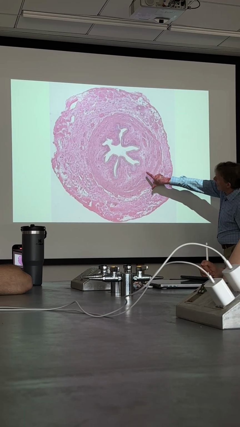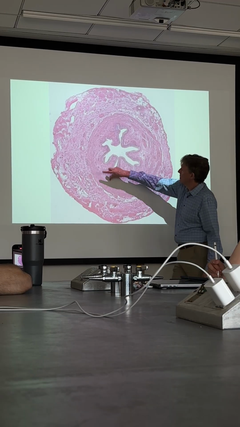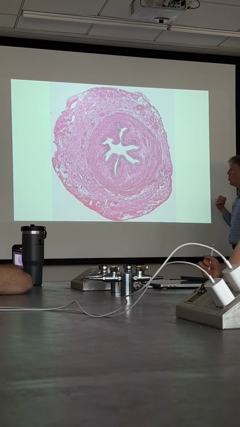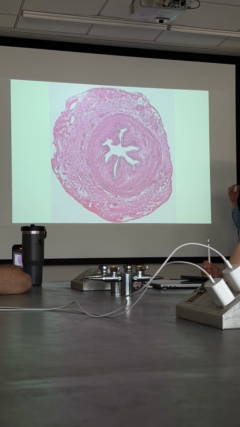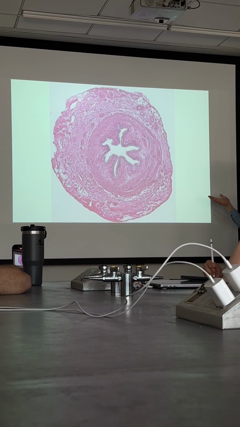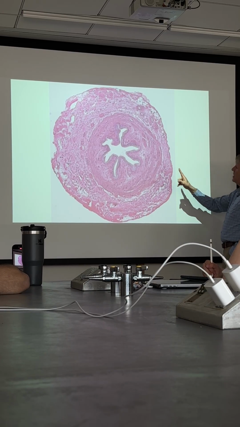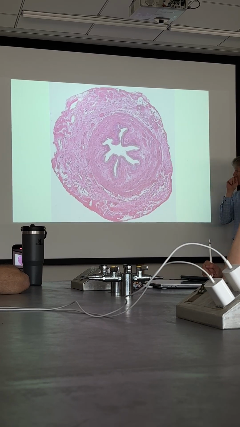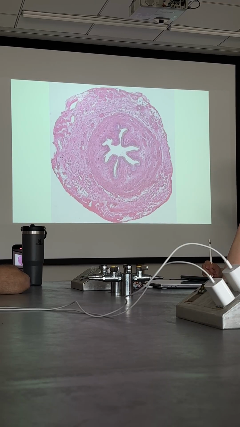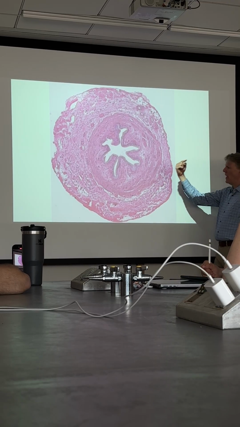And then in the outer areas, you have muscle, okay? And there's two layers to the muscle, although it's admittedly a little bit hard to see the two separate layers. But the innermost layer is going to be longitudinal, and the outer layer is going to be circular.